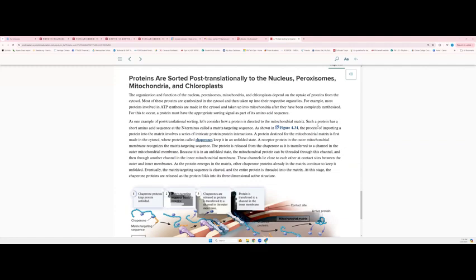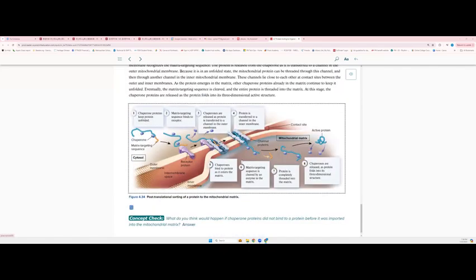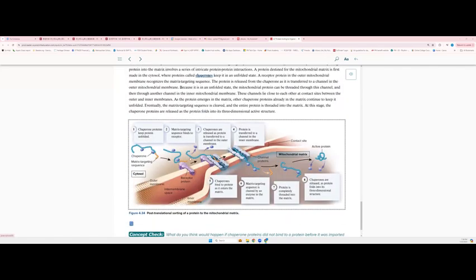This kind of protein always has a short amino acid sequence at the N terminal called the matrix targeting sequence. So this is the example.